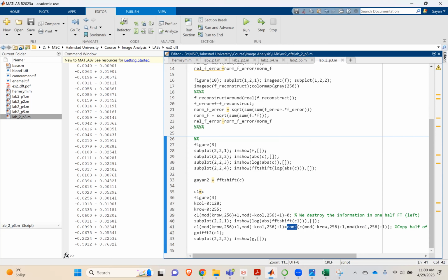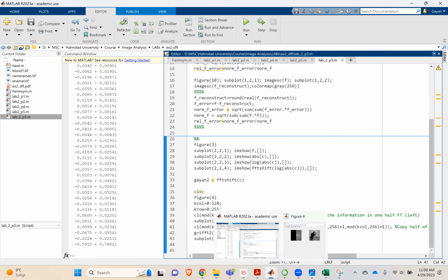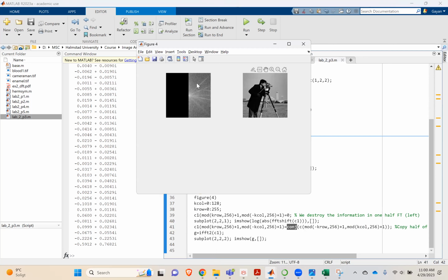In the even one, you cannot take it fully symmetrical. So that's the only difference. Otherwise, you can get it perfectly. So this is the Hermitian symmetry. If you see the word Hermitian symmetry, this is what it means.